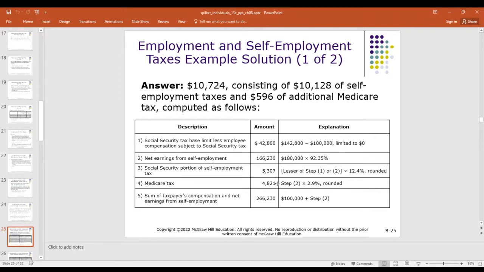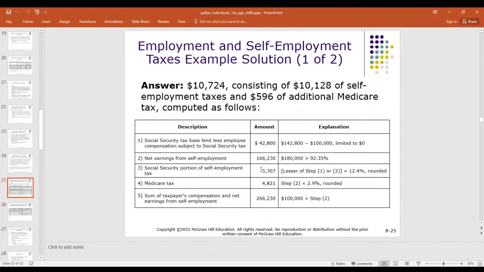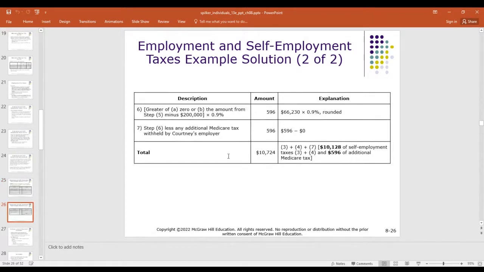All $166,230 is used to calculate Medicare tax. Now, since her compensation and self-employment tax are above the $200,000, she will have additional Medicare tax on 0.9% of that excess amount, or $66,230. So once we add the 5307, the 4821, and the 596, there's Courtney's total self-employment tax.